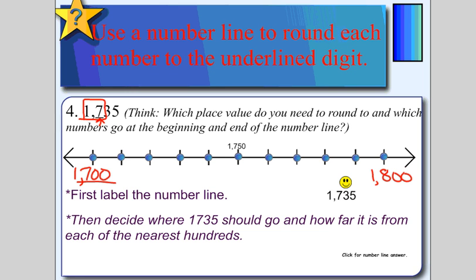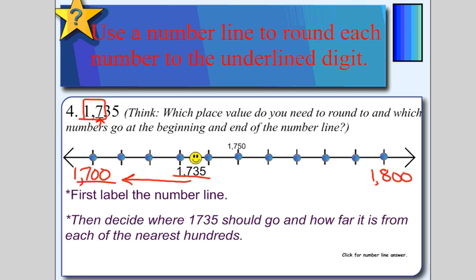Next, I go ahead and place my number on the number line. That's 1,710, 1,720, 1,730, and in between is 35. And I see that this number is much closer to 1,700 than it is to 1,800.